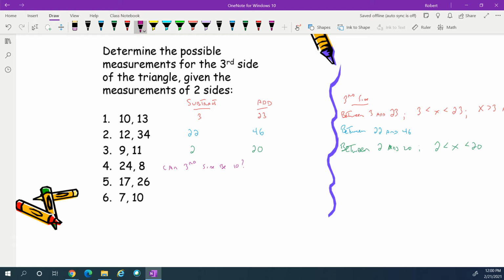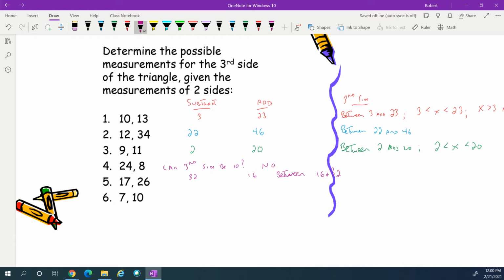Well, if we add, we get 32, and if we subtract, we get 16. So can the third side be 10? No. It has to be between 16 and 32.